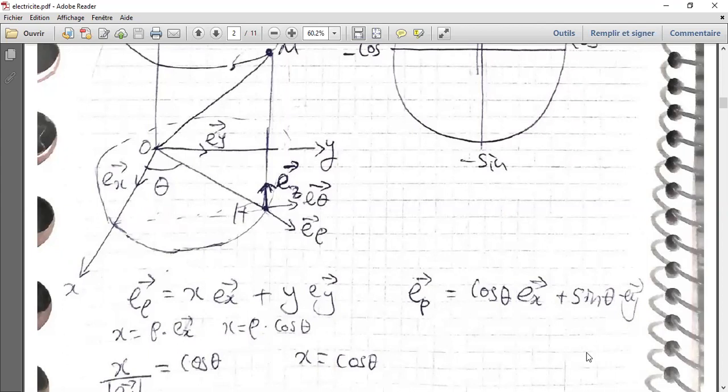So how do you find the relationship? You should know that there's an error here.